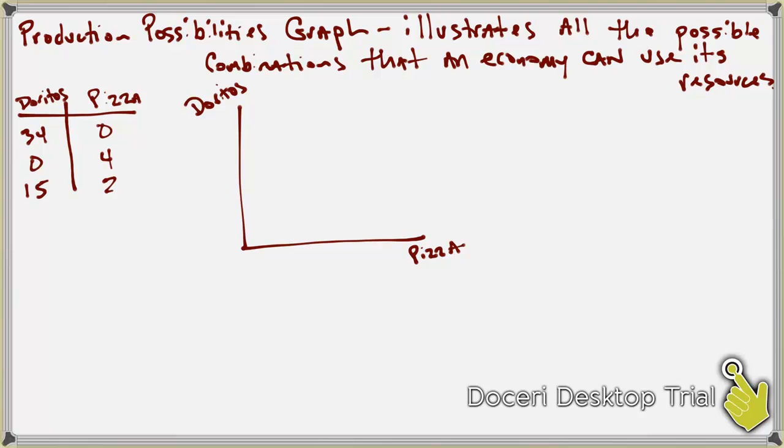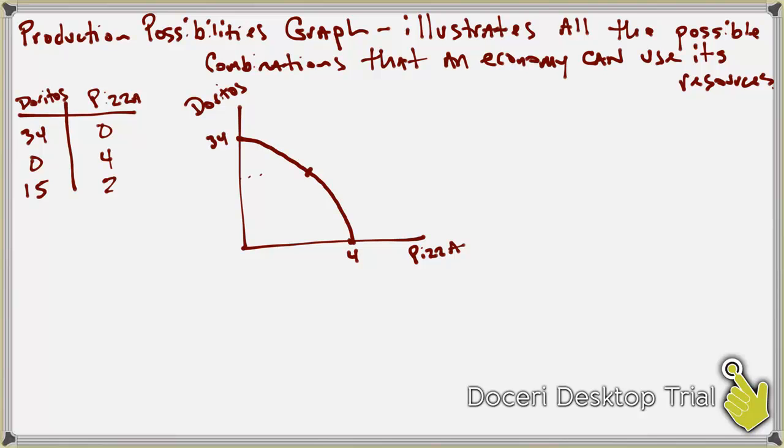I'll put a dot here. 34. And I'll put another dot here. 4. And then I'll put my third dot somewhere in the middle. This thing doesn't like me making dots. There we go. And I'm going to connect the dots. It should look something like that.